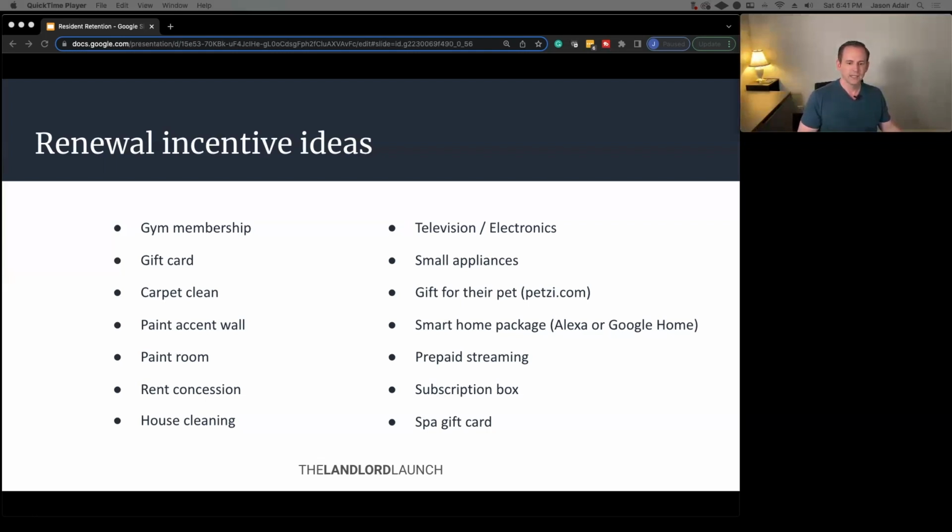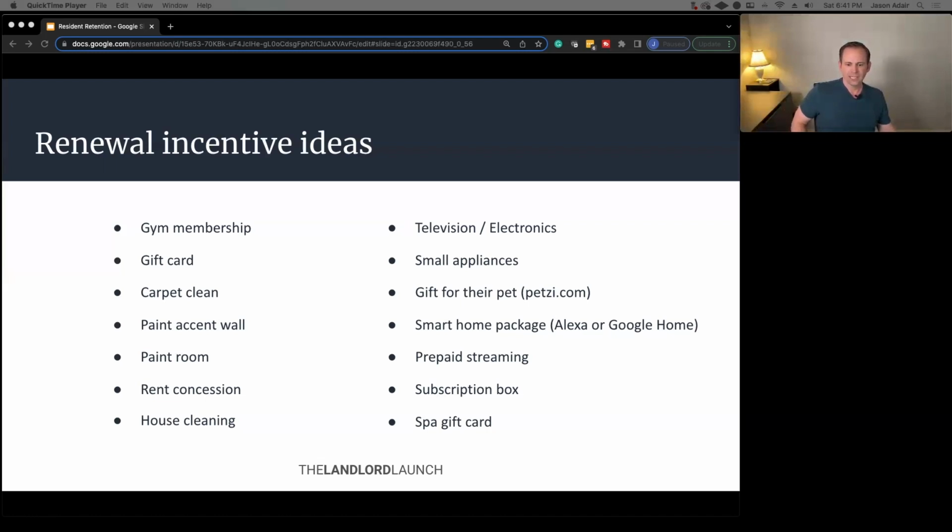Small appliances. Hey, if you have pets there, they love their pets, give them a gift card from Petco. Go to Petsy.com. I think I have listed on here, and it has these specialized gifts for pets. Heck, maybe if you know their pet's birthday or whatever, send that as one of your relationship building tactics there.